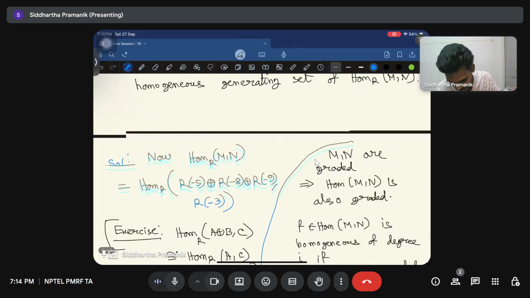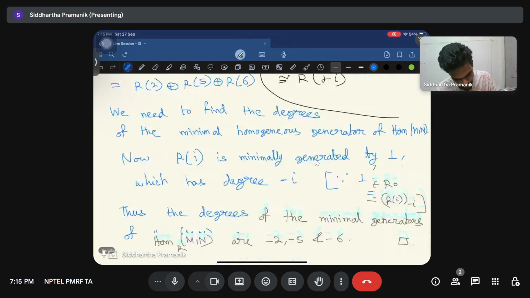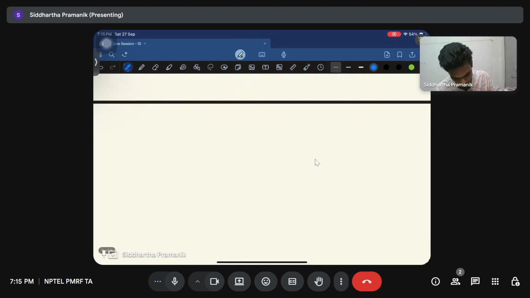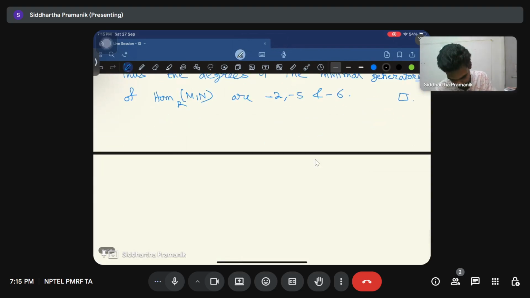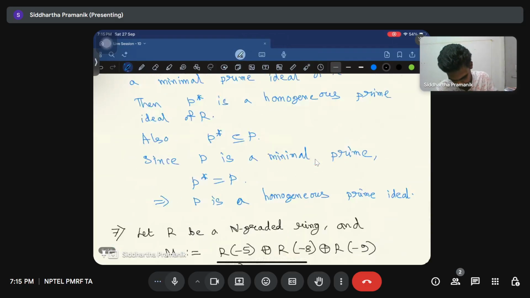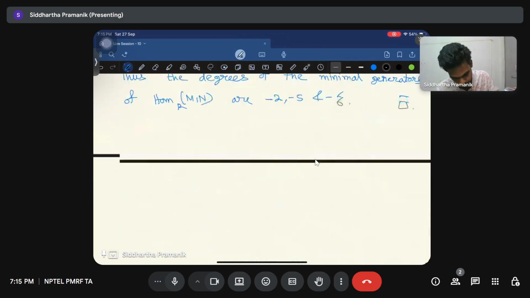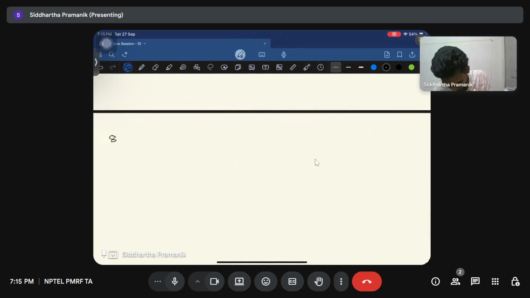Okay, now let's do the next problem. This one is somewhat easier. Problem number 8. True or false?